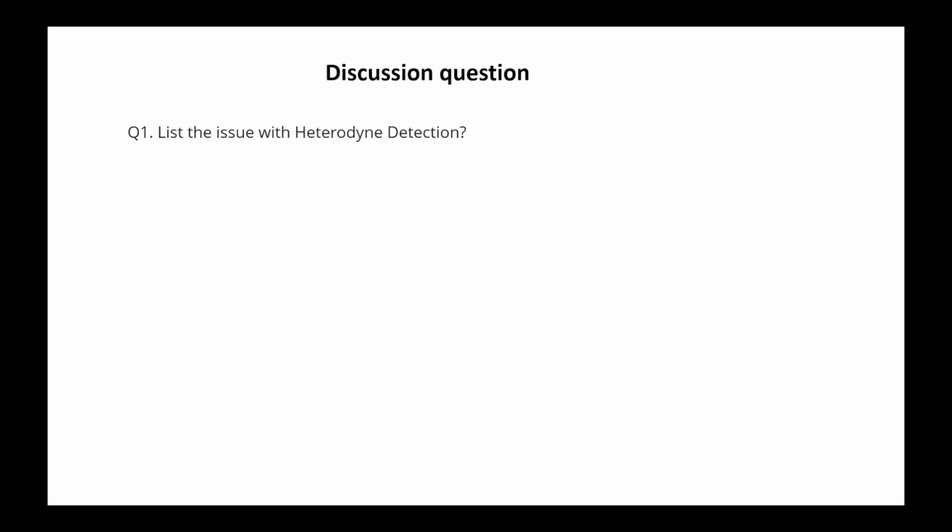Can anyone tell me what is the issue with heterodyne detection? We have to go for balanced detection, because in optical communication receivers we use heterodyne detection, but now we have to move to coherent balanced detection. So what is the problem with the heterodyne receiver? That is why we have to go to balanced detection.